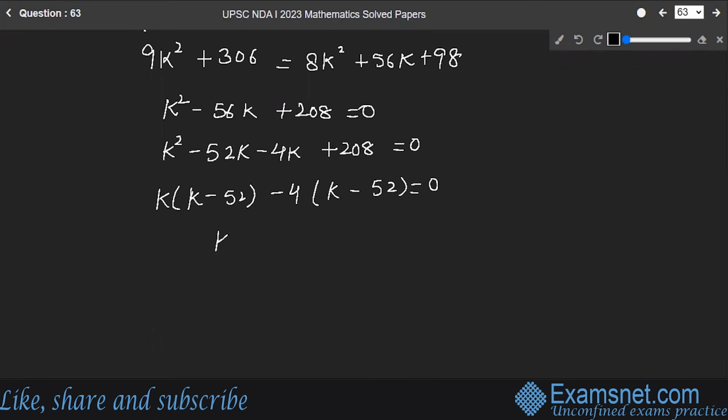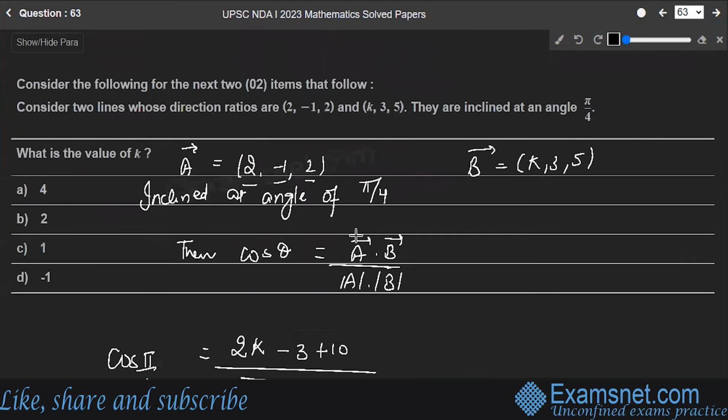So the two factors are k minus 4 and k minus 52. That means k can have the value of 4 or 52. So these are the two possible values for k. Let's see. 52 is not in the options, but 4 is definitely there. So option A is the correct answer.